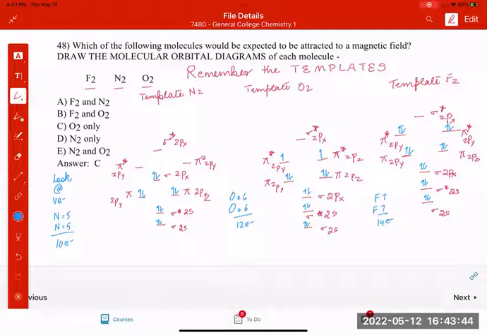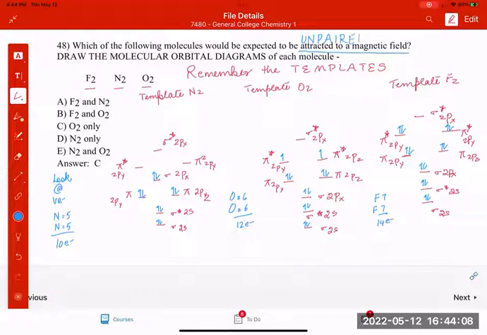Okay, then next is, which one would be attracted to the magnetic field? Which ones get attracted to the magnetic field? The ones that have unpaired electrons.